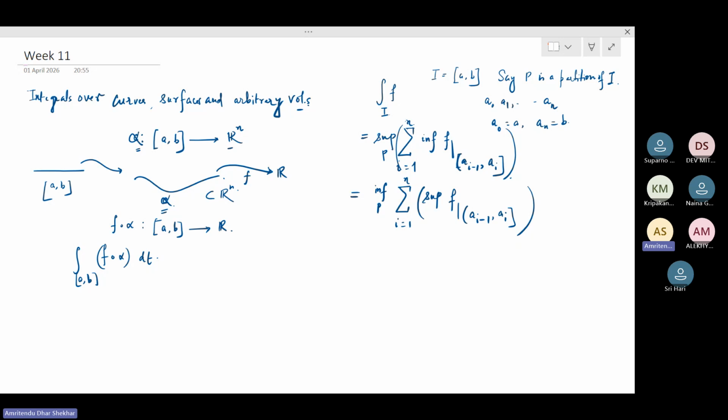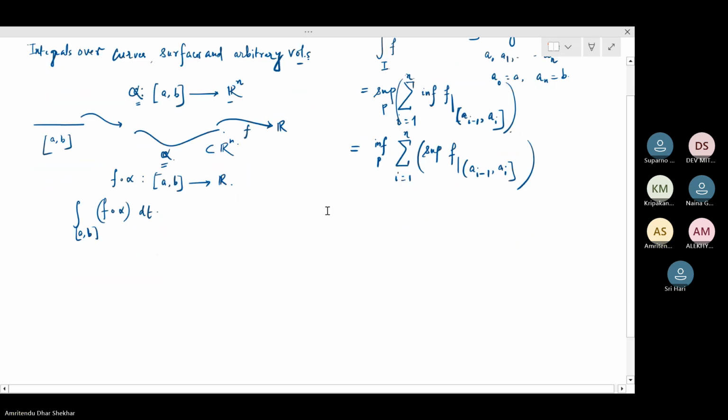So for instance, instead of having the curve defined from (a, b) to alpha, I could also have the curve defined from (0, 1) to R^n.